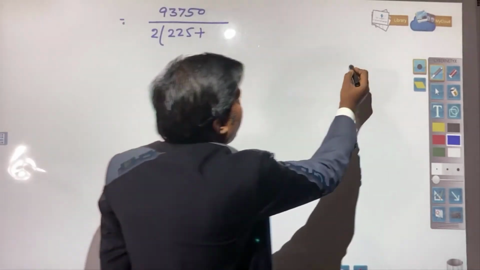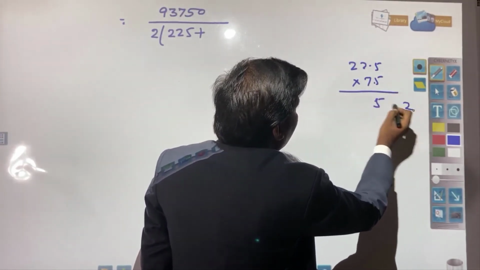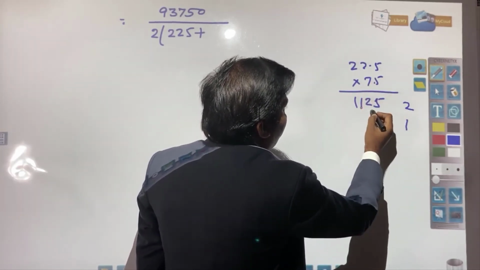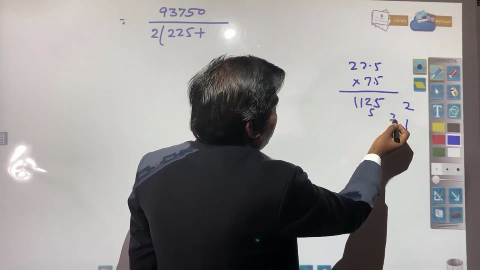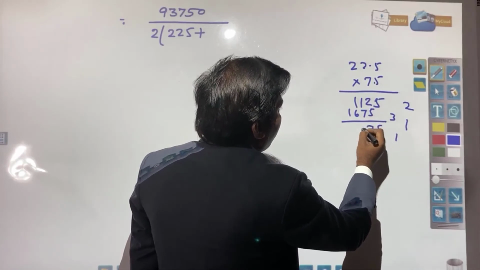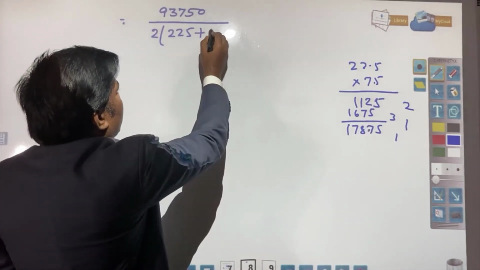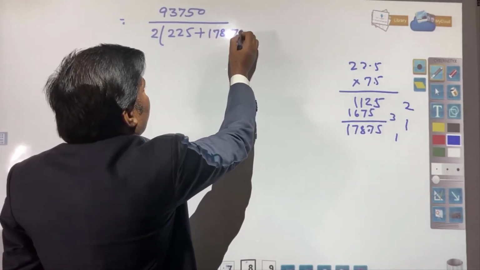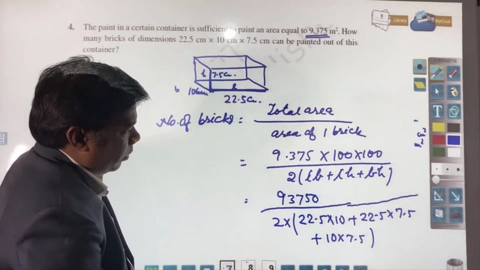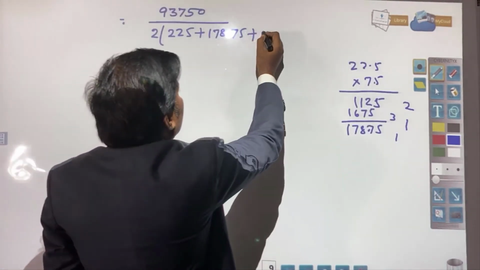Multiplying, 5 5 is 25, 5 2 is 10 and 2 12, and so on, this will be 16875. Your decimal will be over here, 168.75, and plus you will be having the last, 7.5 into 10 or 10 into 7.5, which means 75.